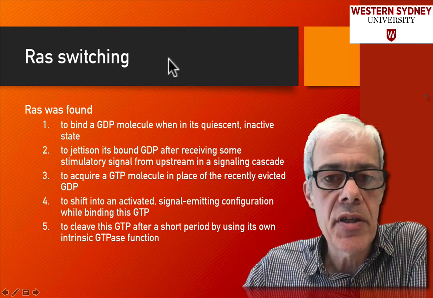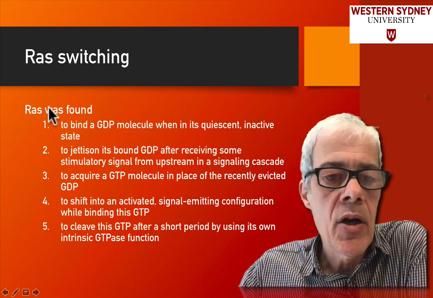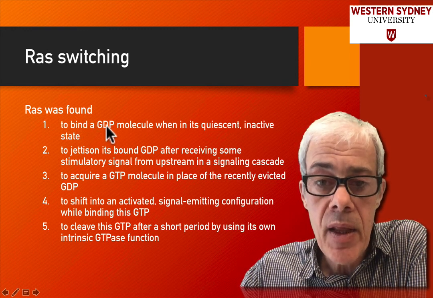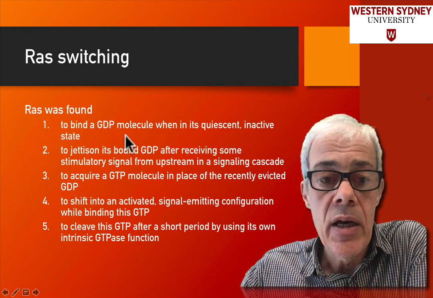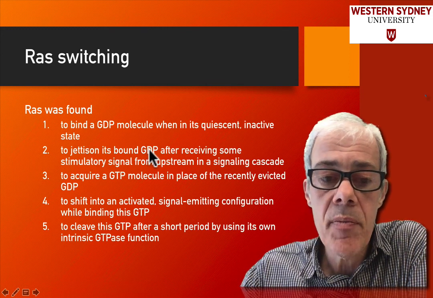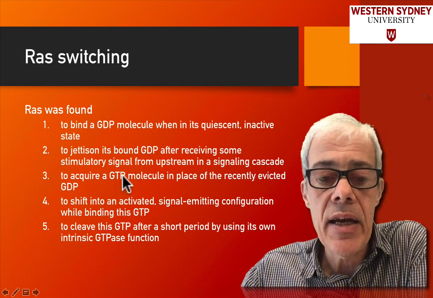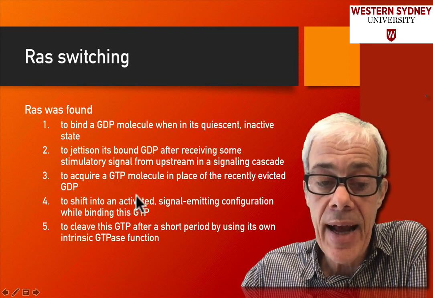So this is a summary of what I've just been saying to you. RAS was found bound to GDP when it's inactive. It jettisons its GDP, which is then replaced by a GTP, and then that turns RAS to become active.